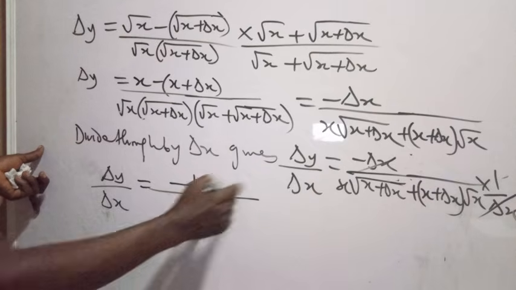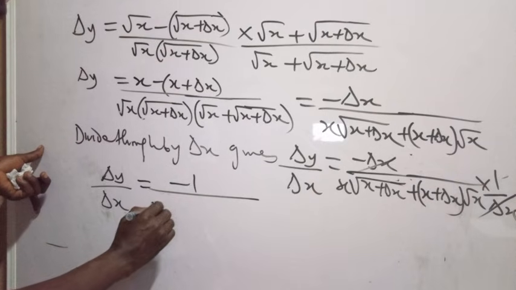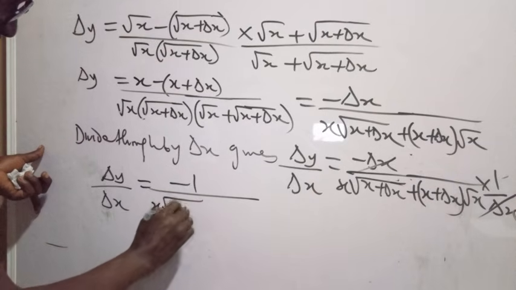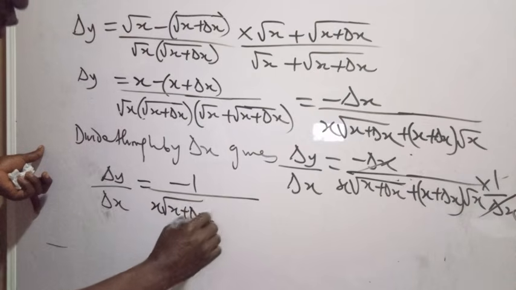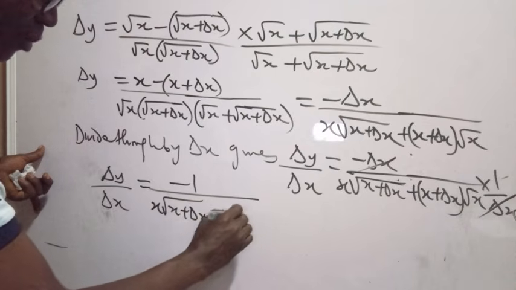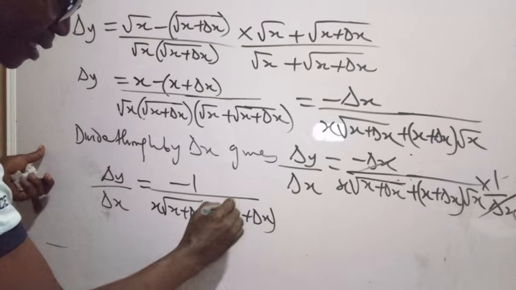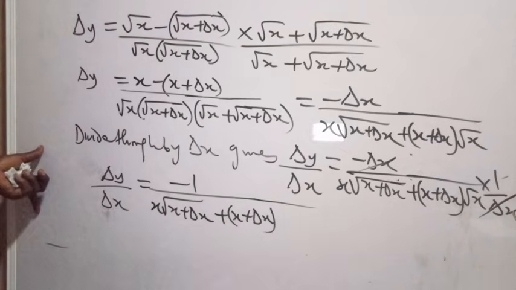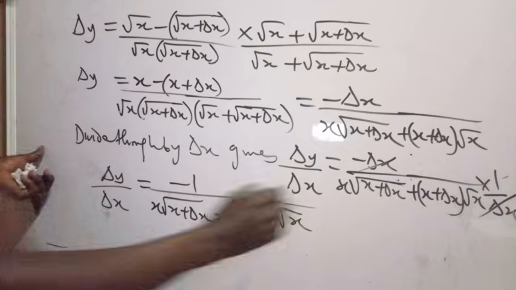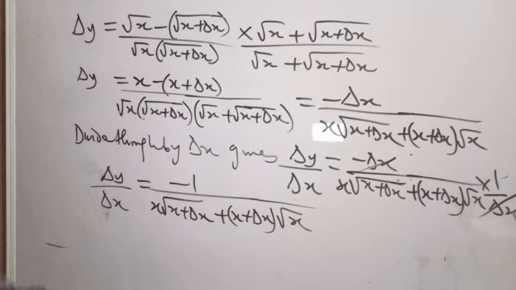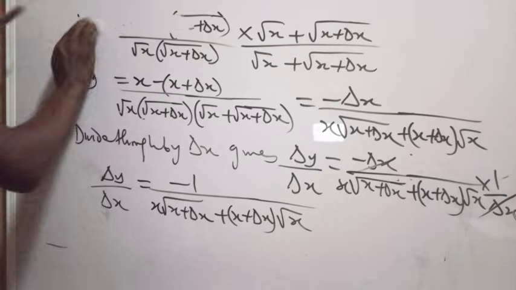Yes, what do you have here? x root x plus delta x, or changing x, plus x plus changing x, you can call it delta, still allowed, root x. Fine. Now we take limits of delta y over delta x, or changing y over changing x. Let's take limits now.